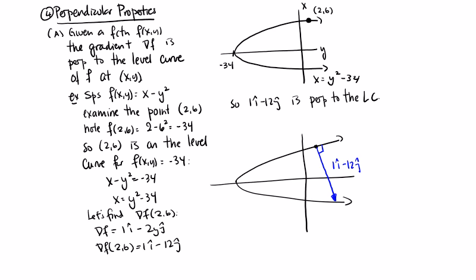Now, if we stop and think about it, this kind of makes sense, because the level curve is the curve on which f doesn't change. So in other words, I'm going to point to my curve with another arrow, which I don't like to do, but there we go. The point is that on this curve, f is always negative 34.